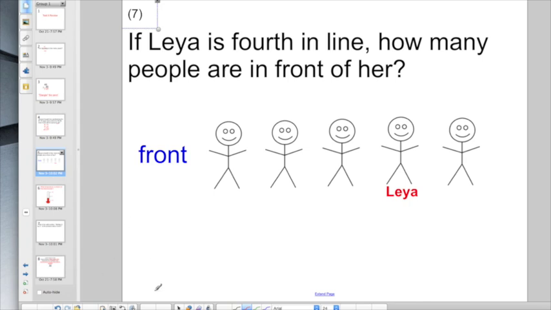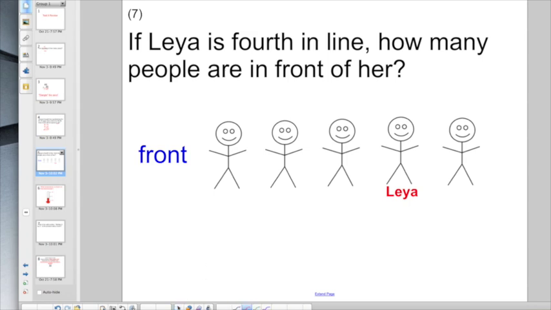Check out this one. Some people freak out. They say, Mr. Hines, they don't tell me how many people are in the line. Does it matter? Let's take a look, see if it does or not. If Leah is 4th in line, how many people are in front of her?